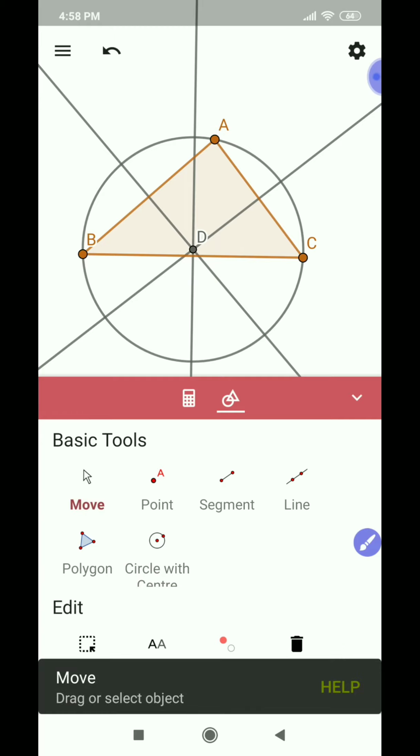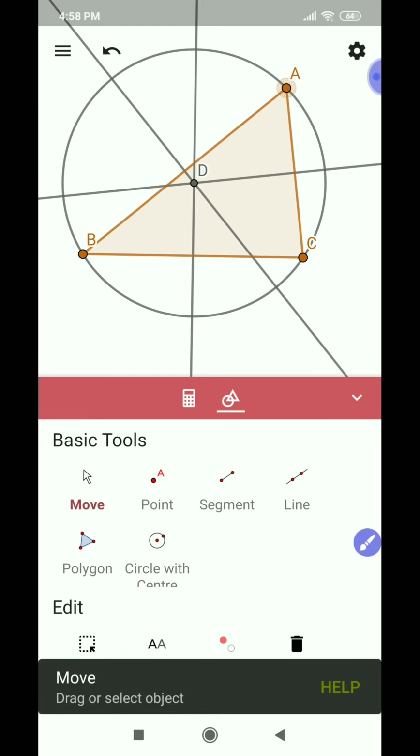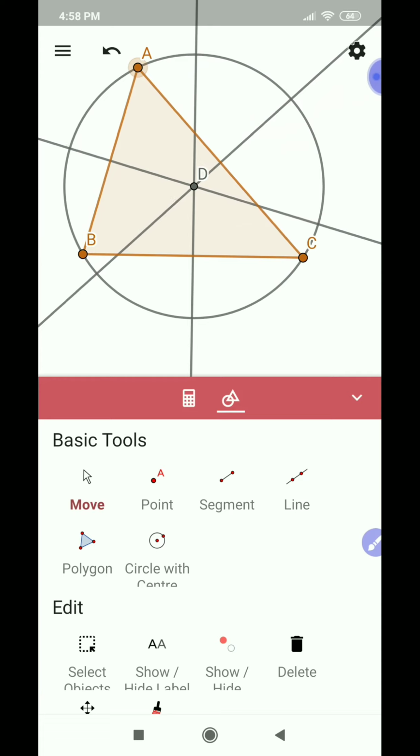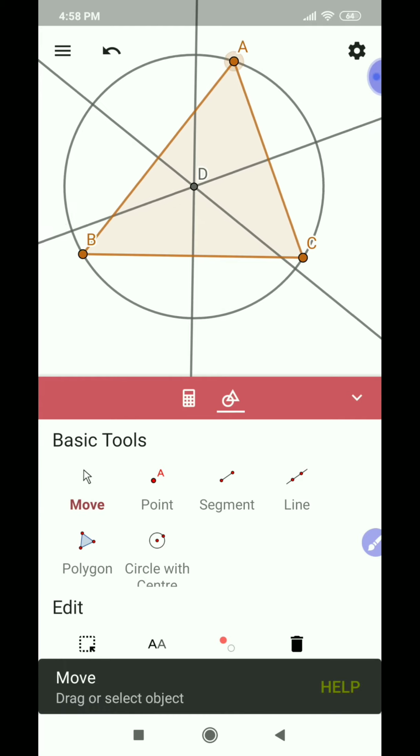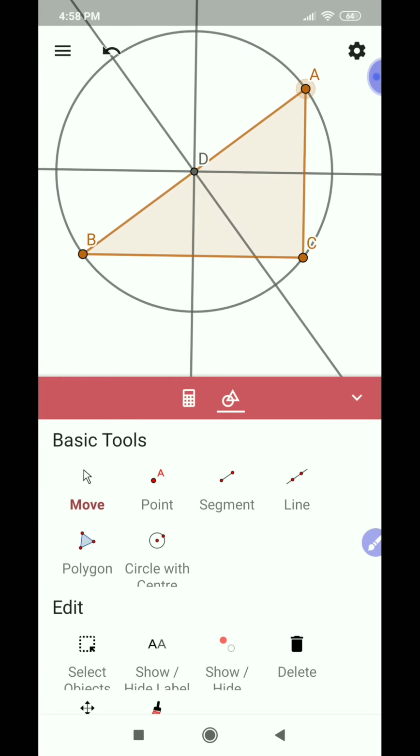Now observe carefully. For an acute triangle, the circumcenter is an interior point of the triangle. Suppose it is a right triangle. What is your observation?